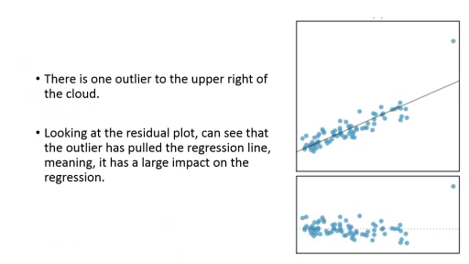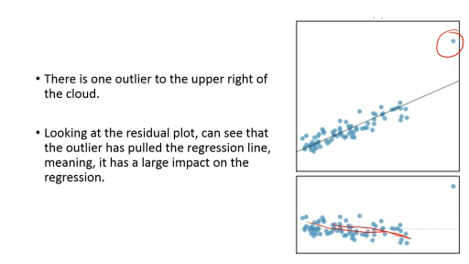The next one is away from the cloud, but it's farther away from this line. We have that one outlier way out there, and it's not on the regression line. If you look at our residual plot, you can see that the data looks like it's going down slightly.